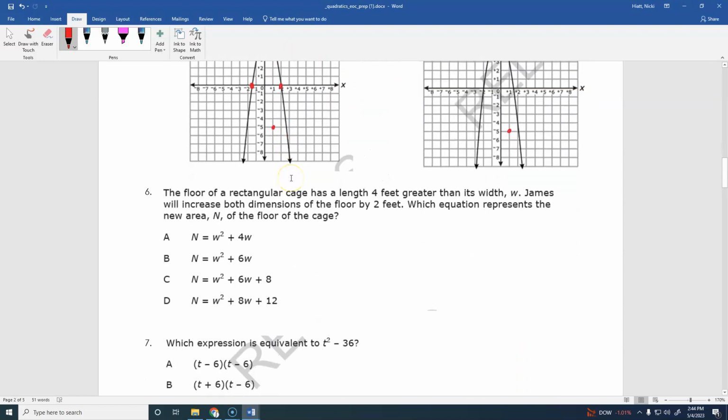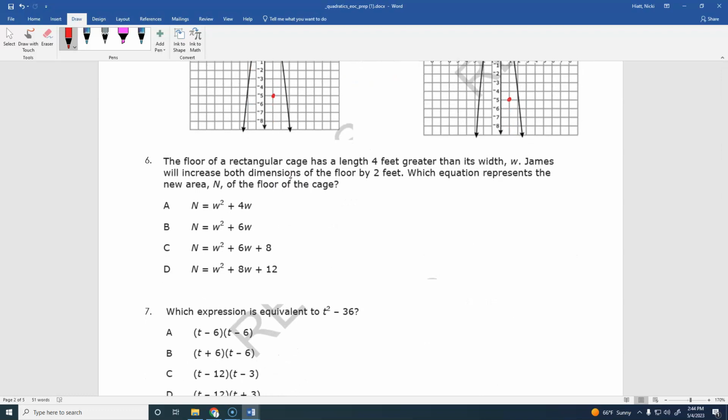All right, let's do 6. Floor of a rectangular cage has a length 4 greater than its width. So let's draw a rectangle. Length, width. James increases both dimensions by 2, which equation represents the new area of the floor.